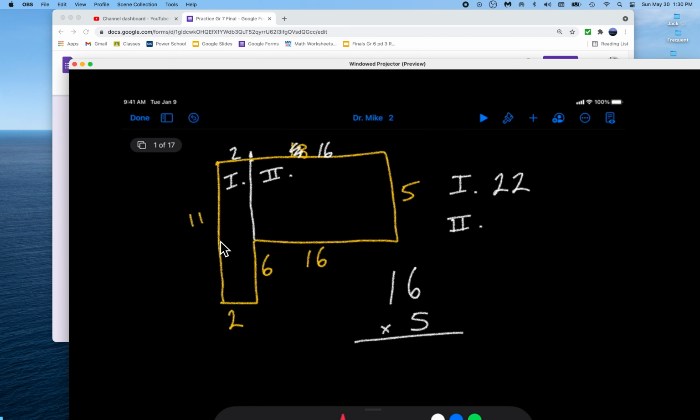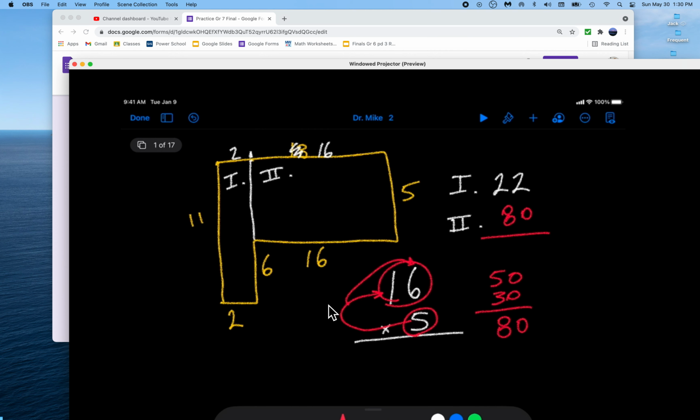I go this way, and I say 5 times 10 is 50, and then 5 times 6 is 30, and you get 80. That's how I multiply one integer times two integers. So there's our answer, 102.